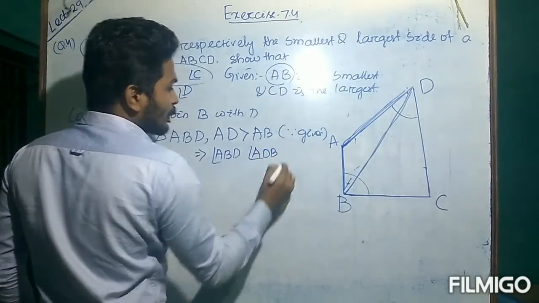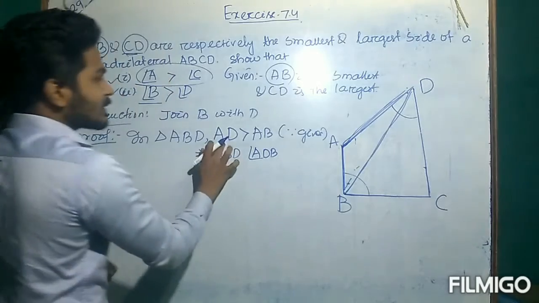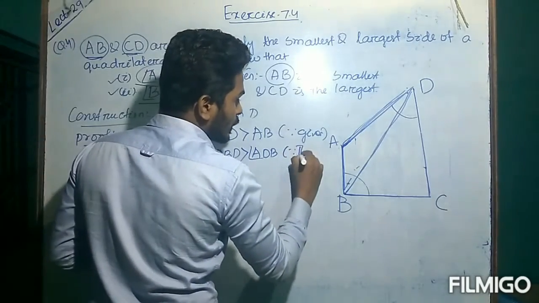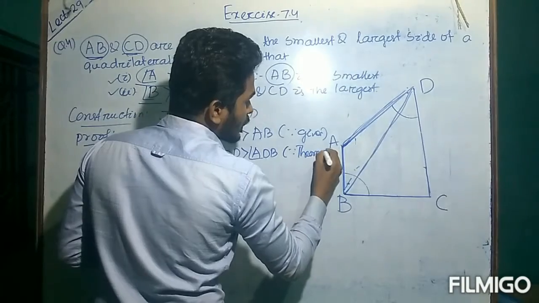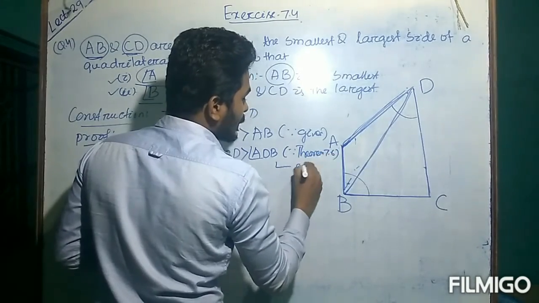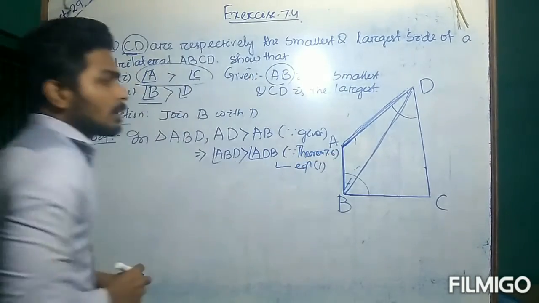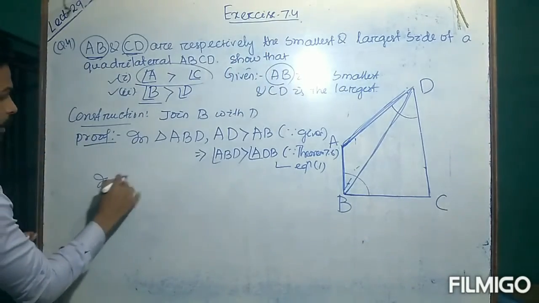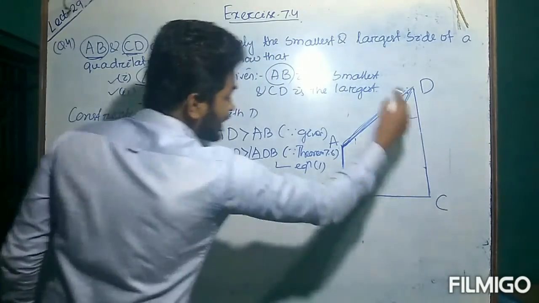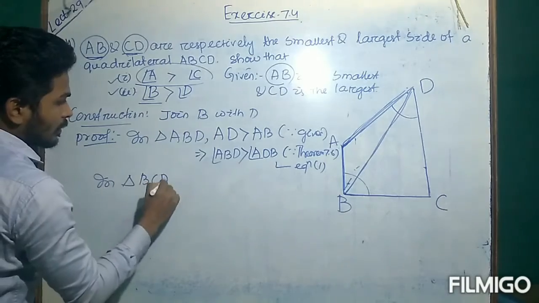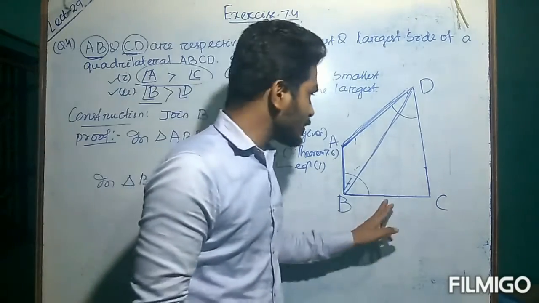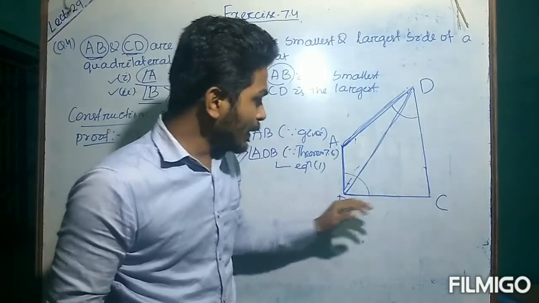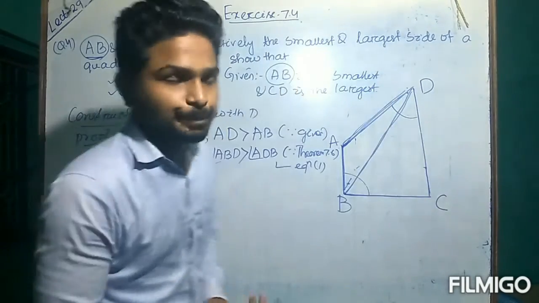So according to theorem 7.6, the opposite angle of the larger side is larger, equation number 1. Next, considering the second triangle. In triangle BCD, we will compare these two sides, BC and CD. Now tell me, between BC and CD, which one is the larger?